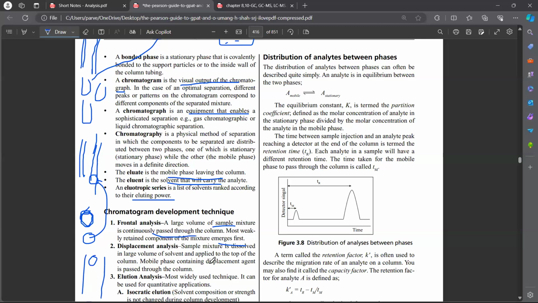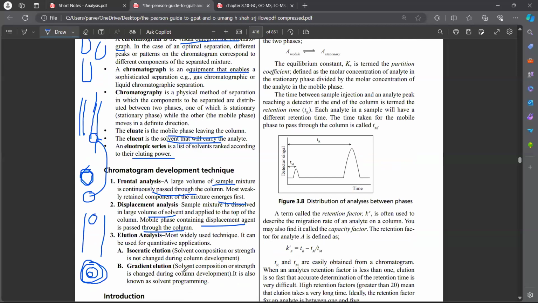Next one is the displacement analysis. In displacement analysis, the sample mixture is dissolved in a large volume of solvent and applied to the top of the column, and the mobile phase containing a displacing agent is passed through the column. So basically, it is all about a displacement reaction, where one component gets displaced by another component.